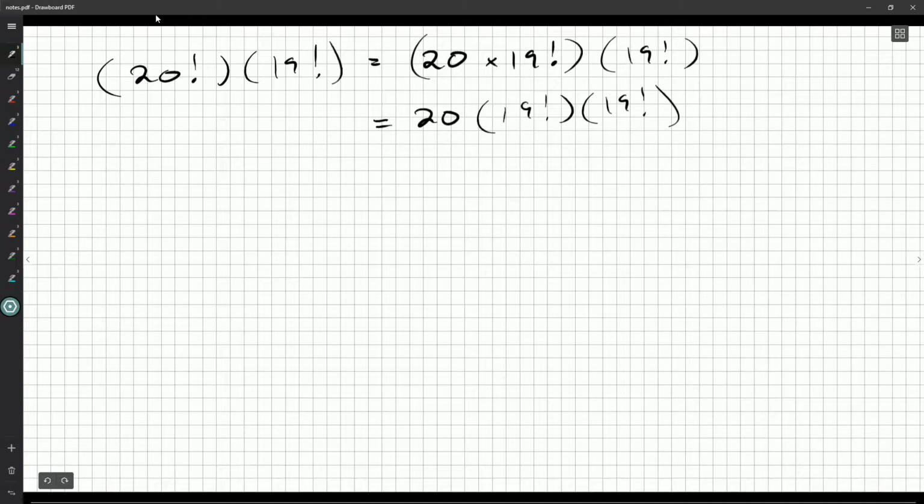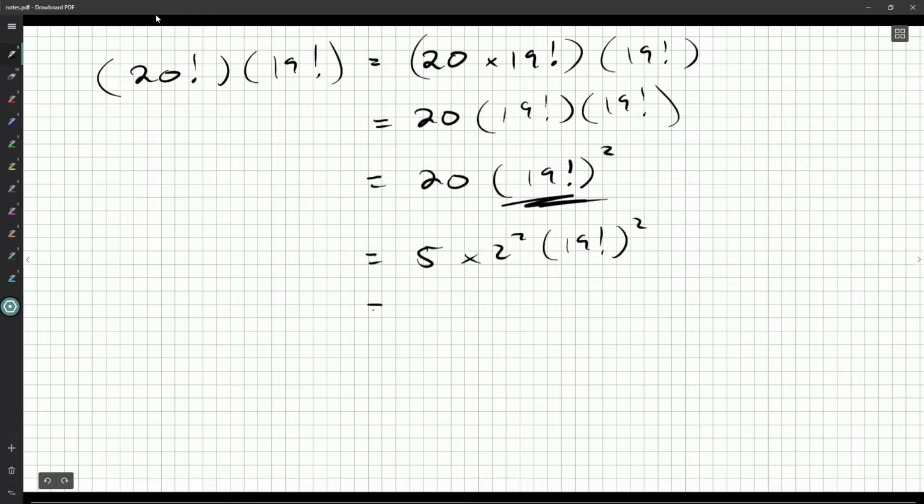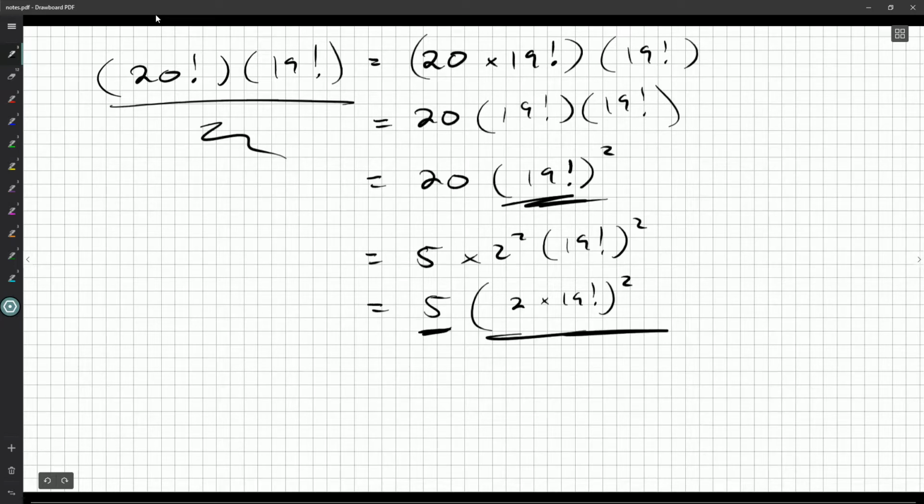And what have I got? 19 factorial times 19 factorial? That's 19 factorial squared. So we've got 20 times a perfect square. And you know what? 20 is 5 times 2 squared. So the top, because it was that over some number, is 5 times a perfect square.